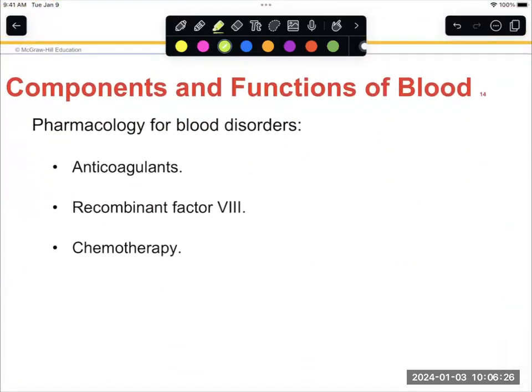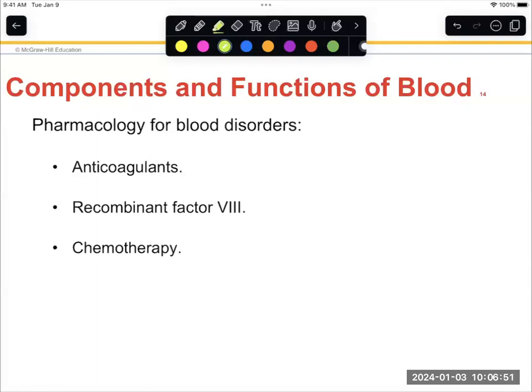Pharmacology, anticoagulants. These are used to prevent that blood from clotting. Aspirin, heparin, warfarin. Aspirin reduces platelet adherence. So it's preventing those platelets from coming together.